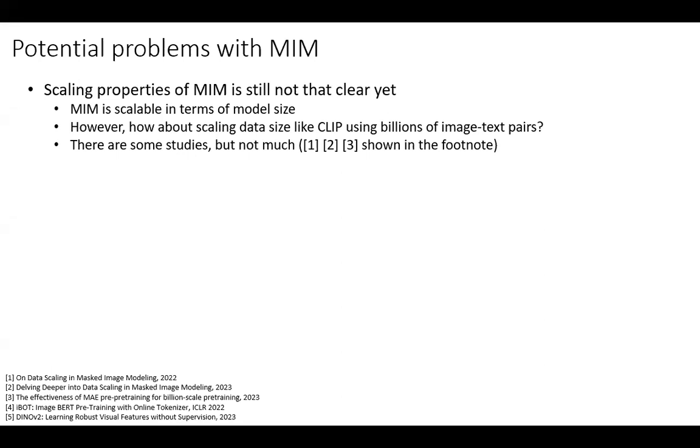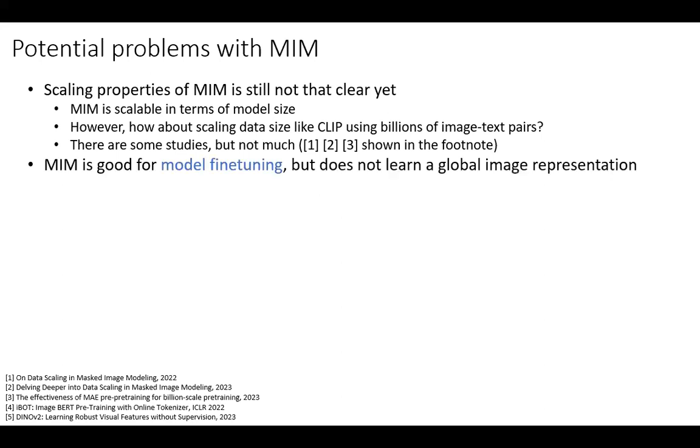They did not go even further, or when they went further, they did not see meaningful improvement. There is some recent work trying to study whether MIM is also scalable in terms of data size, but I think the conclusion is still not conclusive yet. At least those models do not go to billion-scale images.